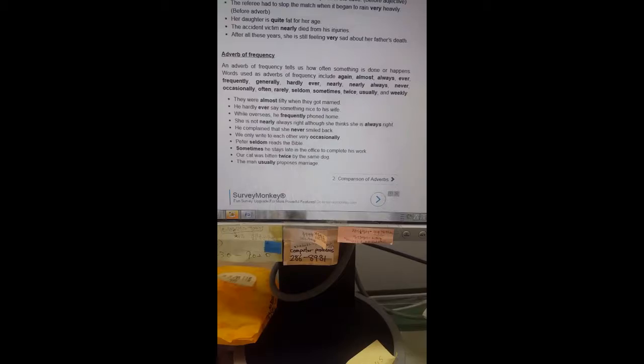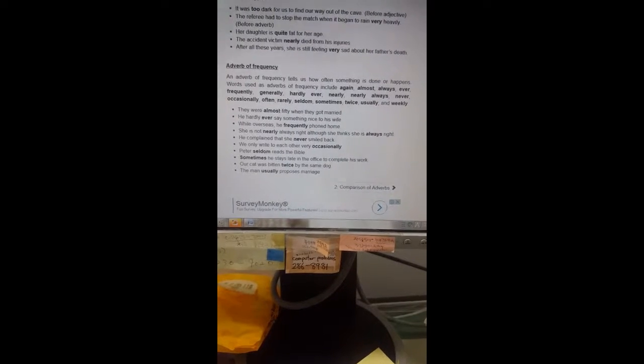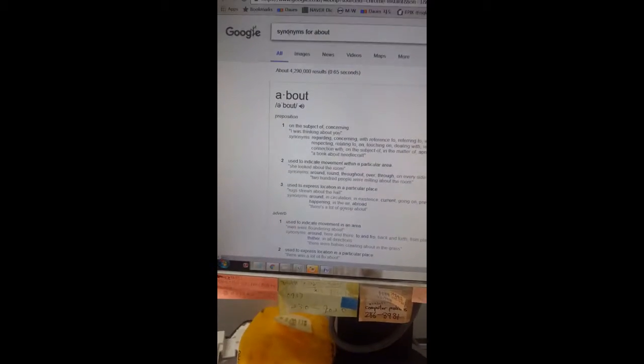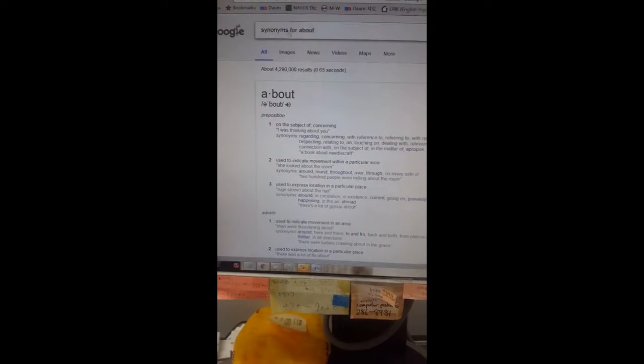If I want to continue to look at the word and familiarize myself with the word, I can also go to the Google machine and type in the words synonyms for about. And again, I've identified that it's not a preposition, it is an adverb. And so I go through and I say, well, it's not indicating movement, it's not indicating location, it is indicating a number or quantity.